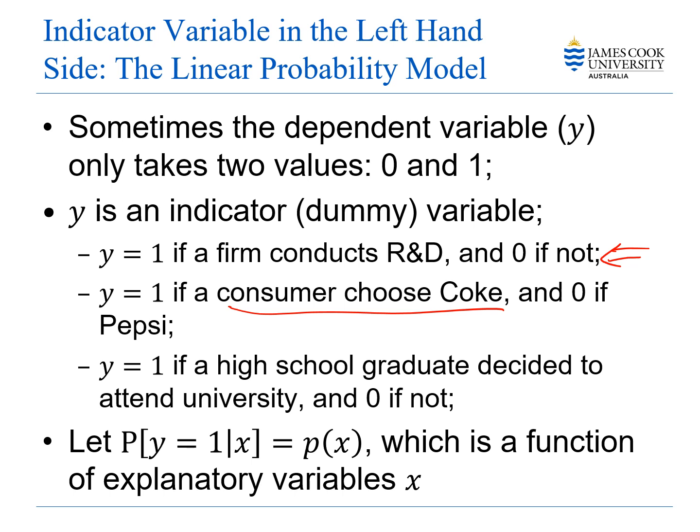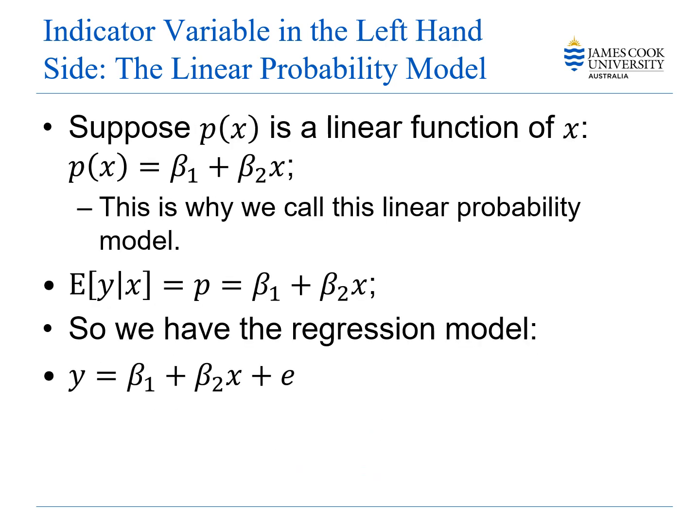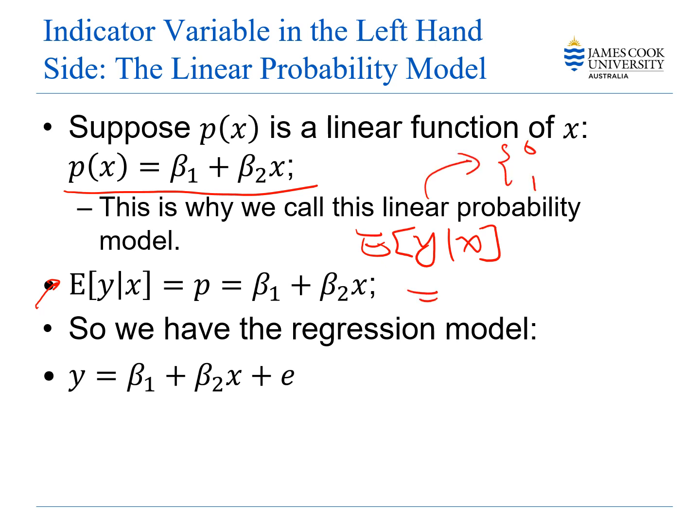Now the probability of y taking a value 1 is p, which might depend on x and other explanatory variables. Let's assume that it's linear: p(x) is equal to beta 1 plus beta 2 x. We can take the conditional expectation of y given x. Remember that y only takes 2 values, 0 and 1, so it's easy to calculate the expected value.